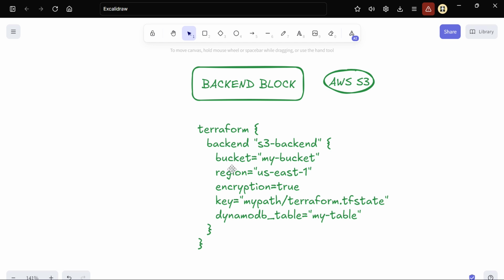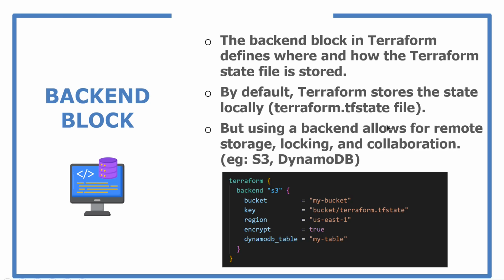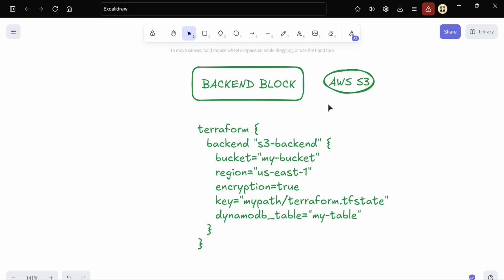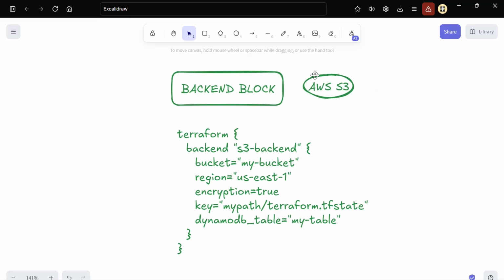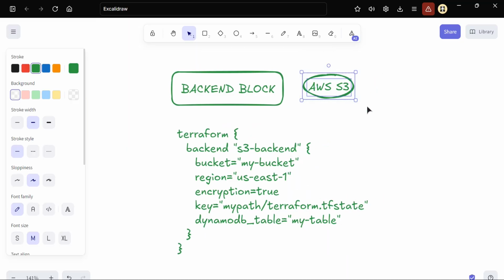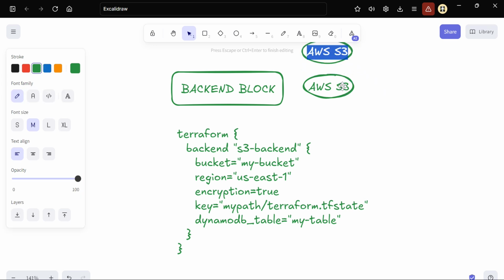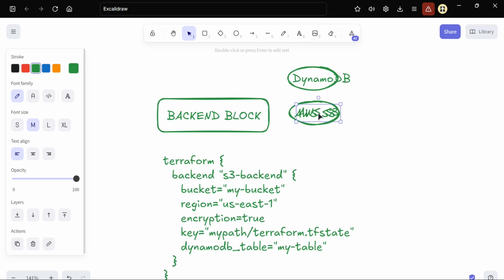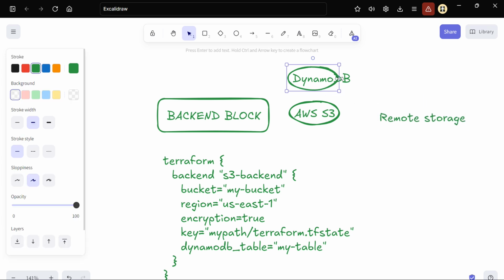So this is how the backend block is defined. Now, as I told you already, the S3 bucket is used to store the state file, and the DynamoDB table is used to lock the state file. There are two different functions of these two services. The bucket is just used for storage purposes, or you can call it remote storage. That is done with the help of AWS S3.